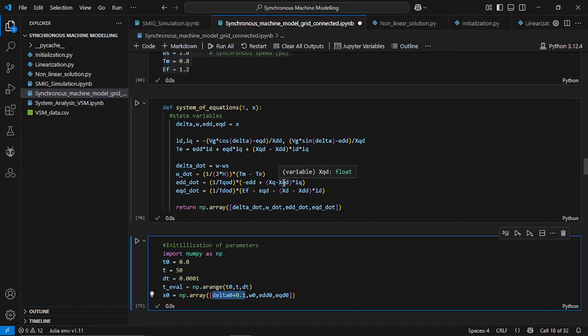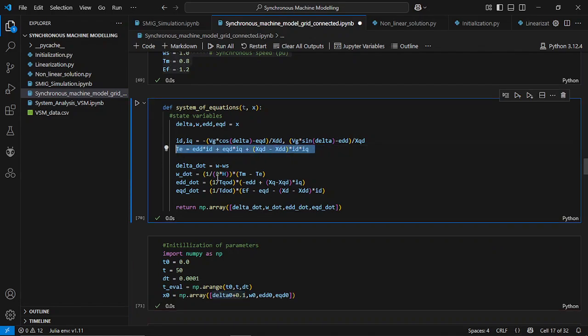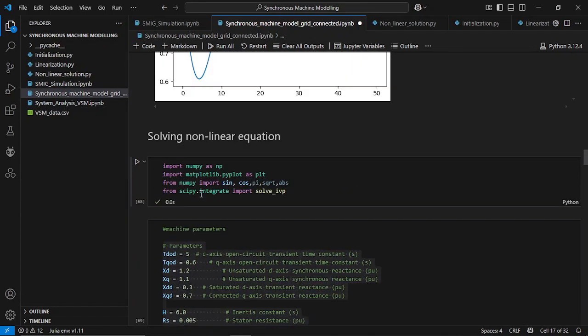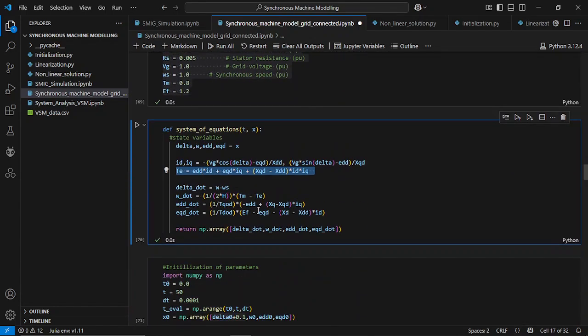But in reality, this system is nonlinear, and we cannot design the controllers, or we cannot develop an appropriate control system in a nonlinear system directly using the nonlinear equations. So for that we have to linearize the nonlinear equation around some equilibrium point. So what would be our equilibrium point? Our equilibrium point will be our initial condition, right?